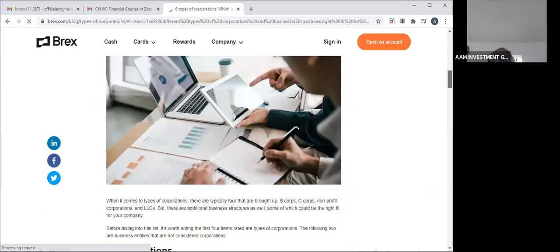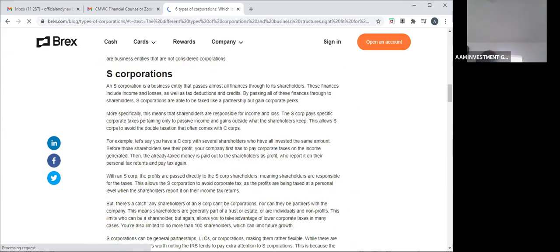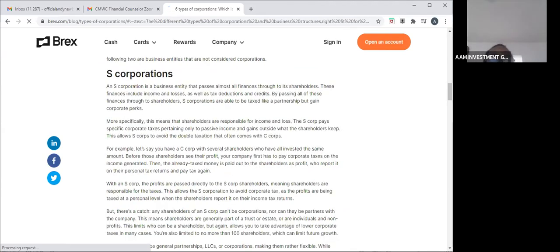All right, here it is right here. You see where it says S Corporation? This will normally be the type of corporation that you will be creating. This is the most common form of a corporation. And we're about to tell you why.